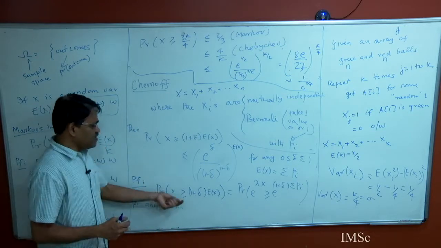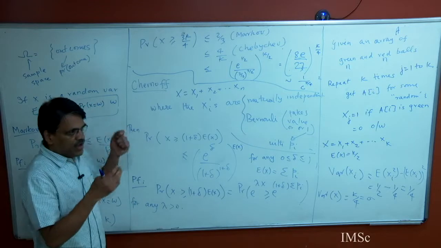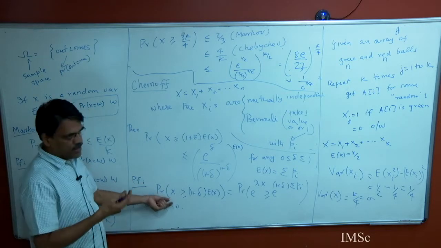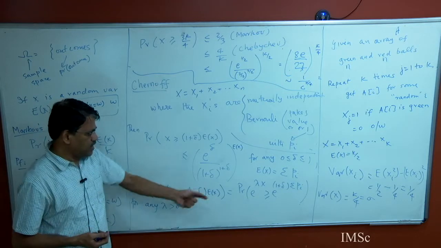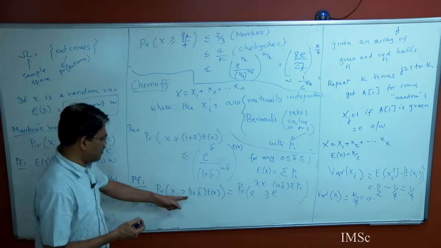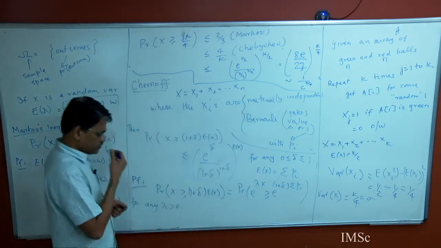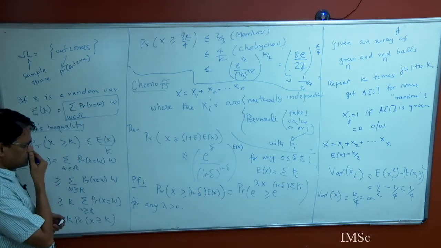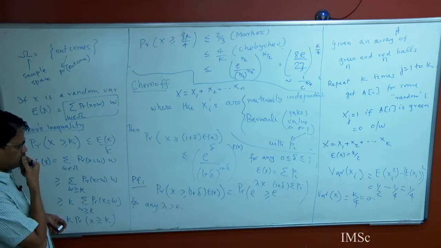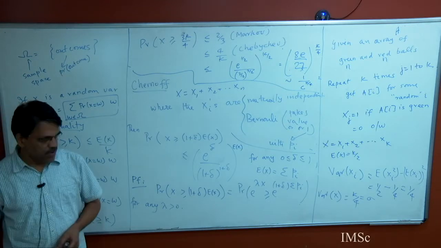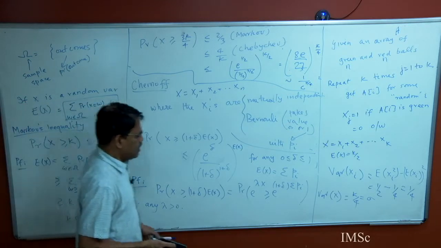Okay, because if x is greater than or equal to this, then if I lift x to e power lambda x, that would be greater than or equal to e power lambda times 1 plus delta times the expected value of x. Okay, we'll choose the best lambda possible later.